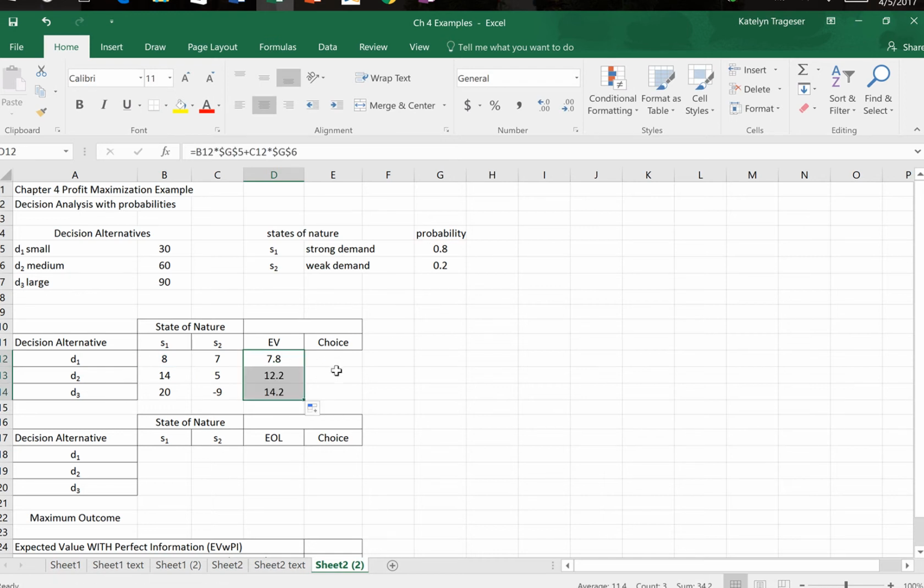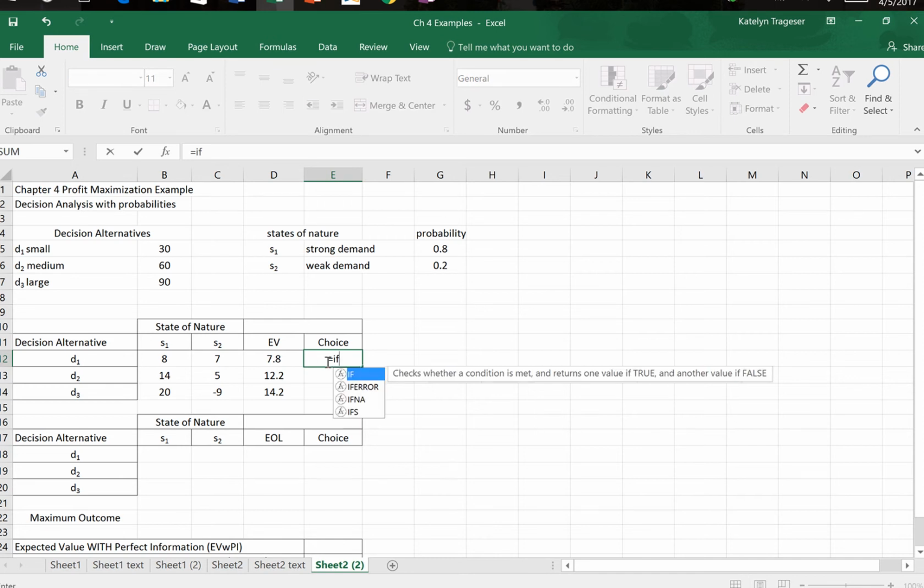Then we want to know which of our choices is the best. Well, in this scenario, we want the choice with the highest profit. So again, we'll enter an if statement: if the value on my left equals the max of the 3 decision alternative values, lock those in so we can drag our formula down, then this is the best scenario.